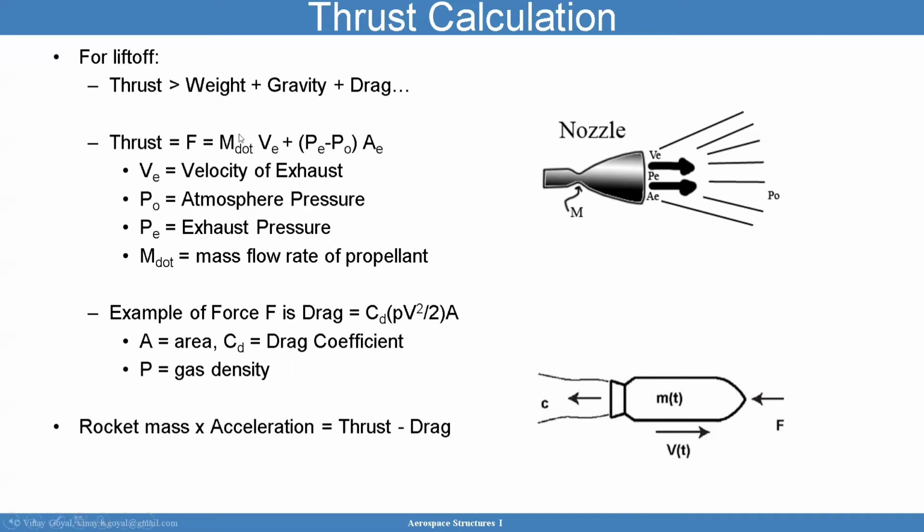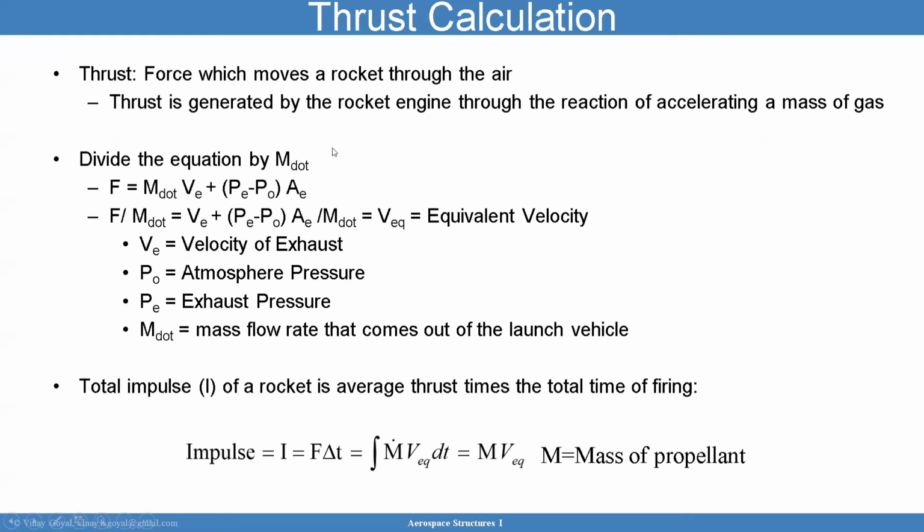So we're going to take this equation and divide it by the mass flow rate. I'll take the thrust divided by the mass flow rate, and then I get something called equivalent velocity. This is the velocity of the exhaust plus the exhaust pressure minus the atmospheric pressure times the exit area, divided by the mass flow rate.